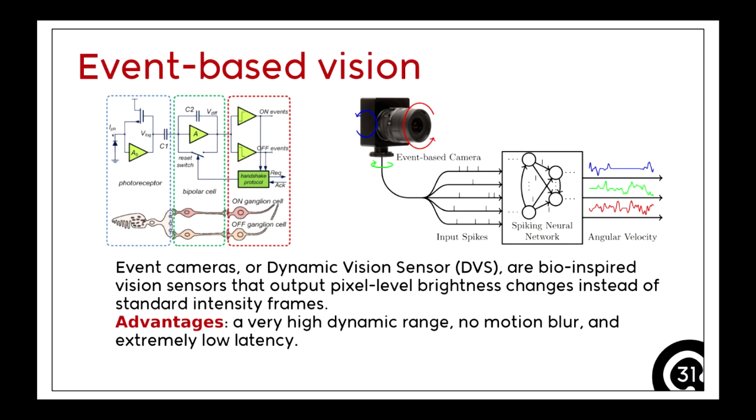And this kind of camera represents only these events, not whole pictures. It has some advantages: they're very energy efficient and data efficient. They represent only changes in the data, and they also have a very big dynamic range, so they're very good, for example, for autonomous driving tasks. And spiking neural networks are a natural fit for this kind of vision sensor.